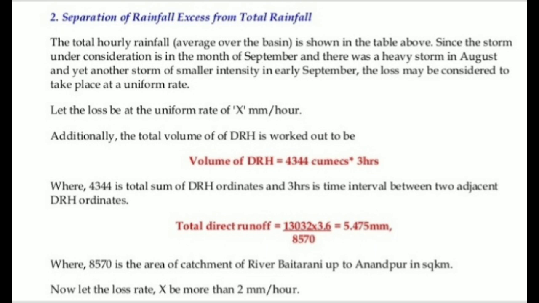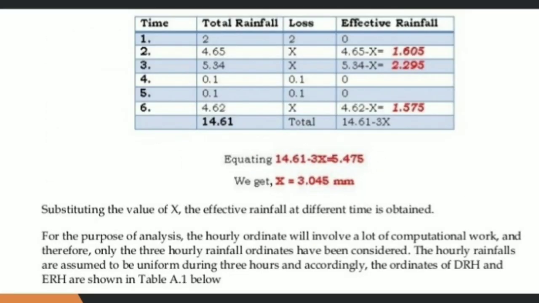Now, let the loss rate x be more than 2 mm per hour. Equating, 14.61 minus 3x equals 5.475. We get x equals 3.045 mm. Substituting the value of x, the effective rainfall at different times is obtained.